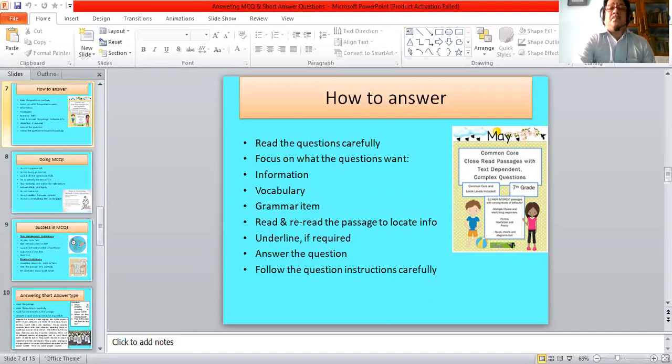So I hope that you will be able to answer all the MCQ type questions which are posed in the reading comprehension passages by paying particular attention to the information contained in the passage and by reading the passage carefully, by skimming and scanning the passage in detail before you answer the questions from it.